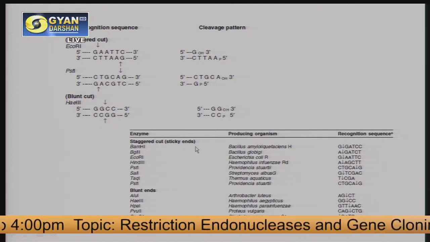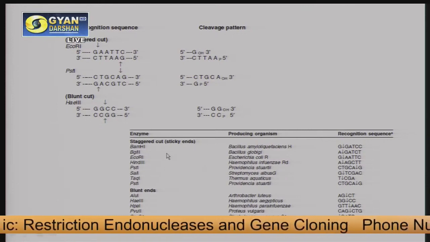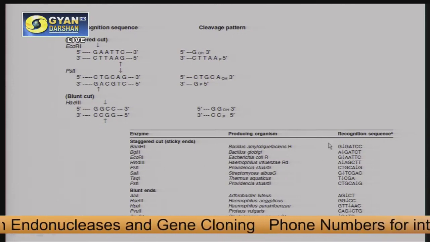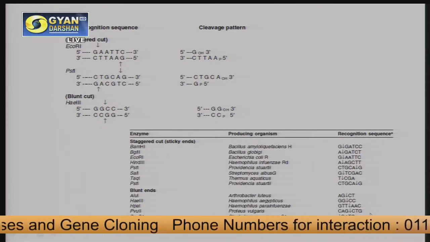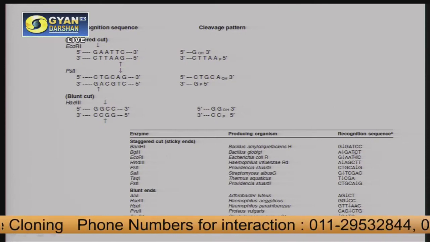In that way the nomenclature of the restriction enzyme is given, and here you can see the different recognition sequences. As I said, for each enzyme there is usually a distinct recognition sequence and a distinct cleavage site within that recognition sequence.